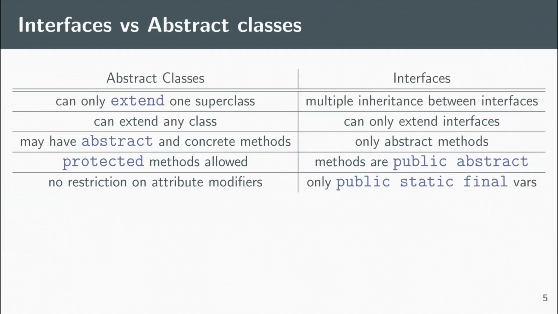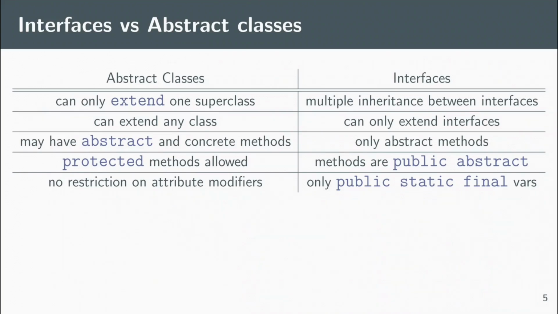Now you might think, well, all of this can be done using abstract classes. I can just define an abstract class and add all the abstract methods that I want classes to override. And that is true, but there are subtle technical differences, as well as differences in what abstract classes and interfaces were originally designed for.